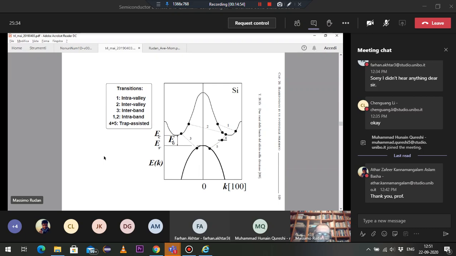So in a cubic centimeter of silicon there is a number of cells that is of the order of 10 to the 22nd, and this is also the number of k vectors in the Brillouin zone.